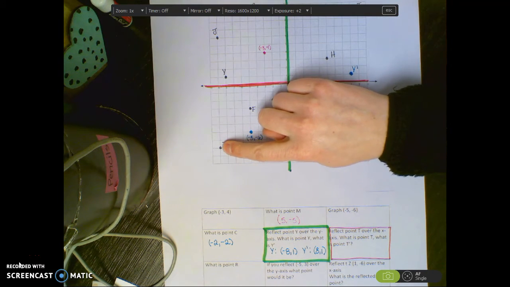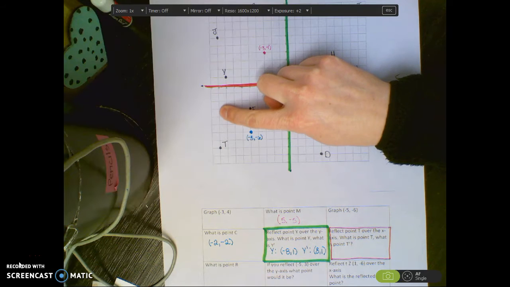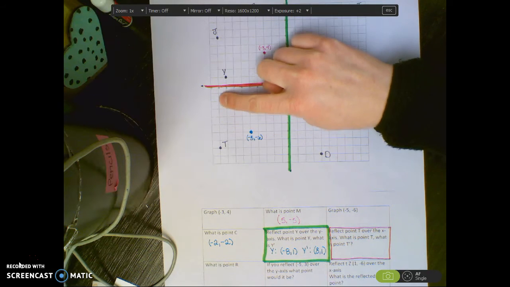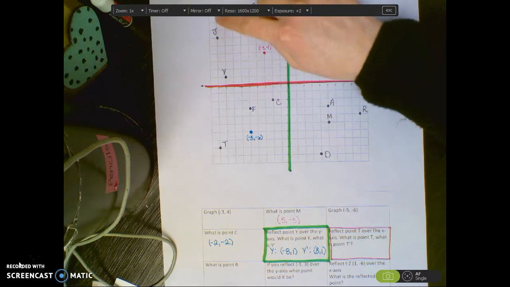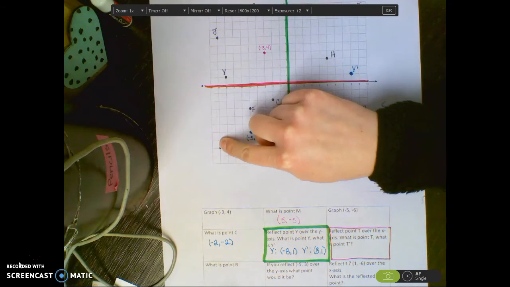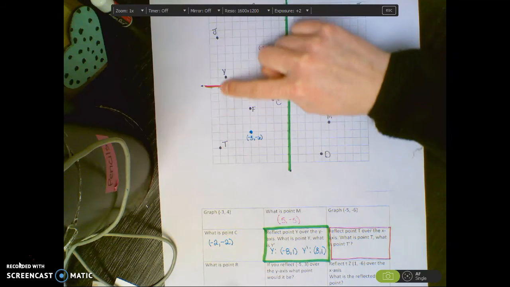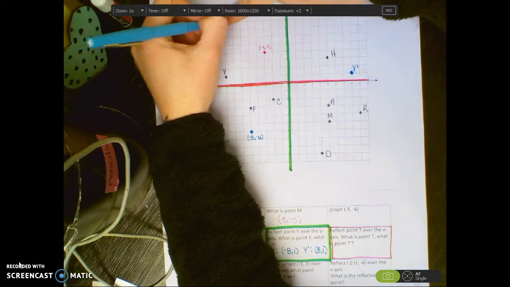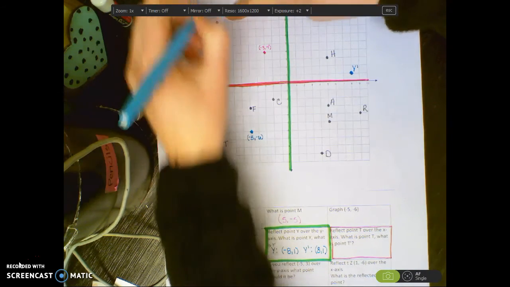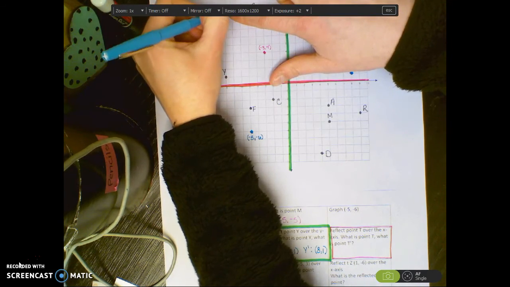So T needs to be the same distance. I see I'm at -9, so I know over the red I'm going to be on this -9, on the same line. How far away? I'm down at -8, so I need to go all the way up to 8. This would then be T prime.